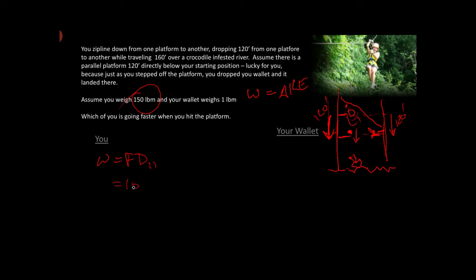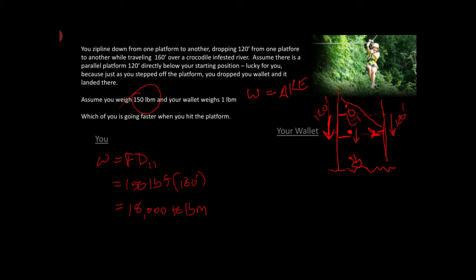That's what we did last time. 150 pounds of force. 150 pounds of mass is the mass that gives you 150 pounds of force on the surface of the Earth, or thereabouts. And then the distance is 120 feet. And that multiplication we said was 18,000 foot-pounds.